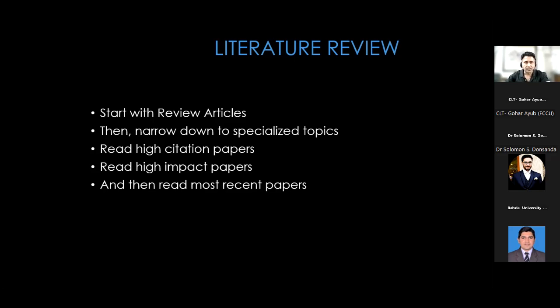When you read a couple of review articles, you get the main idea of the major developments in that particular field up till that day. And you also know what the research gaps in that field are.